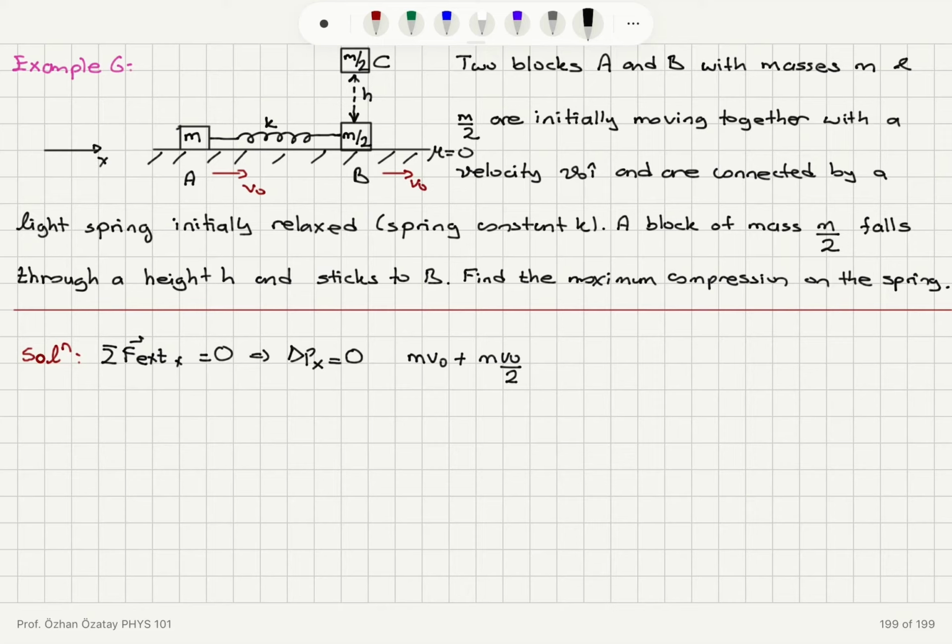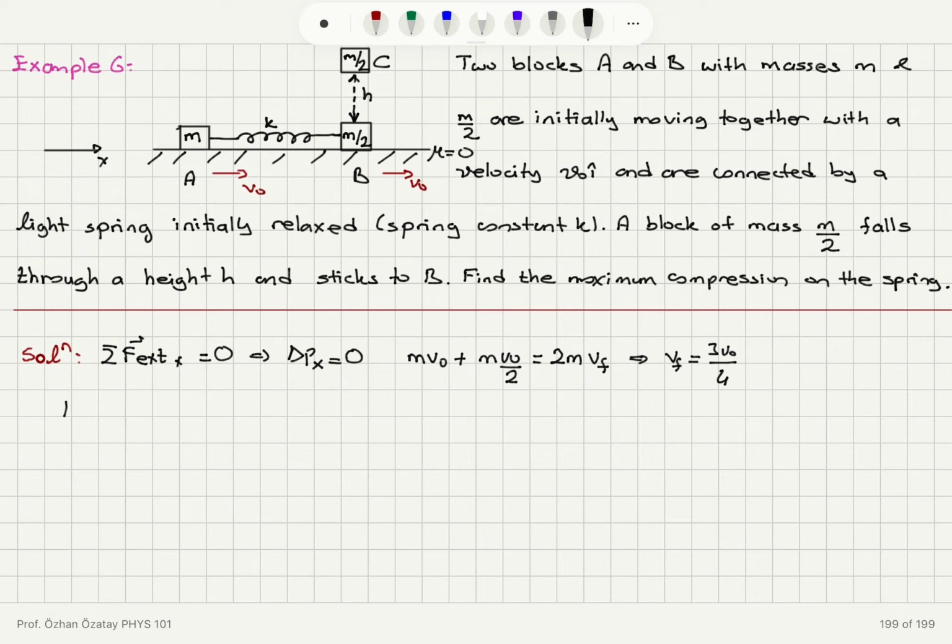So basically B was passing under C, so it's going to be only the y component of velocity for C. So this will be equal to the total mass now 2m, m plus m over 2 plus m over 2, times v final. So the final velocity will be 3v0 over 4.